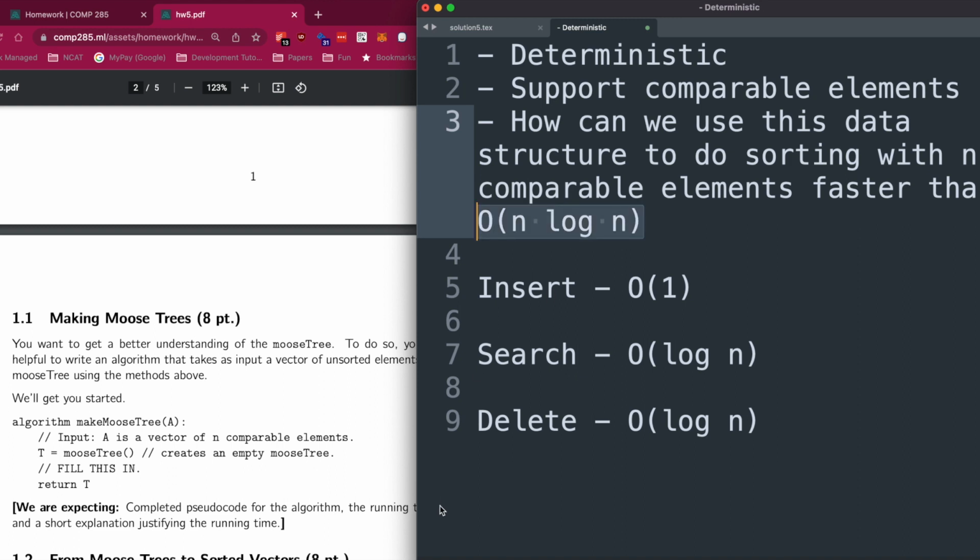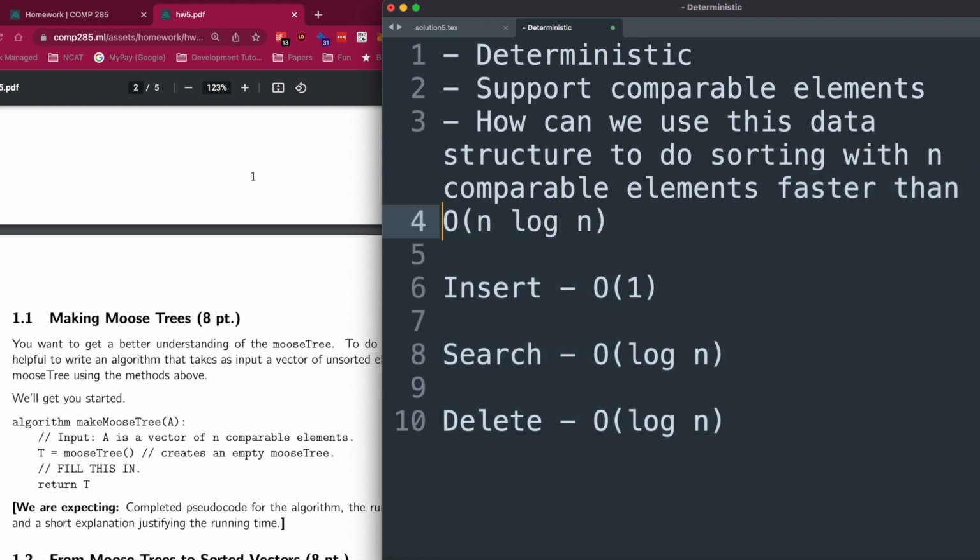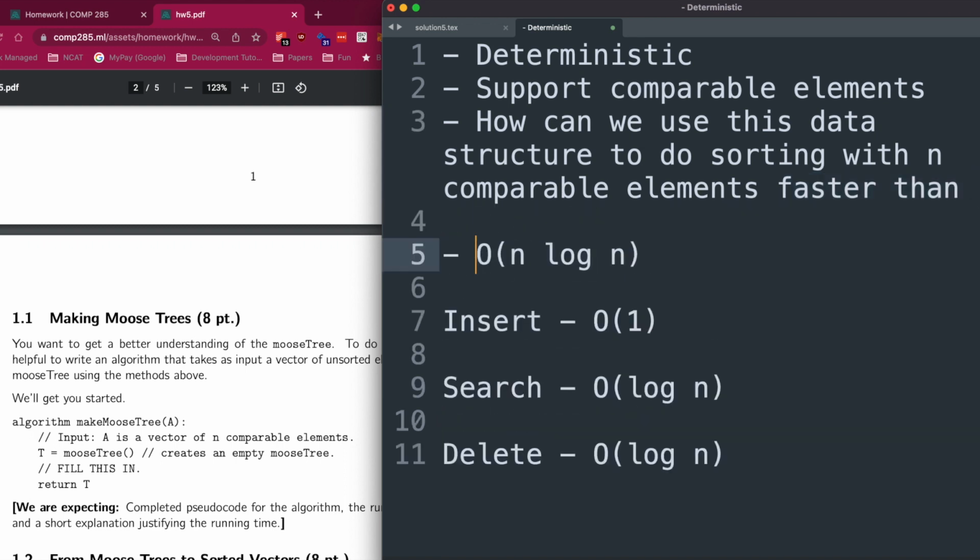And you probably remember from lecture, or hopefully you do, it is actually impossible to sort elements faster than n log n if the only thing you know about those elements is that you can compare them. We did talk about radix sort and counting sort, which can sort faster than n log n. However, that's because they take advantage of the fact that we're sorting integers or strings.